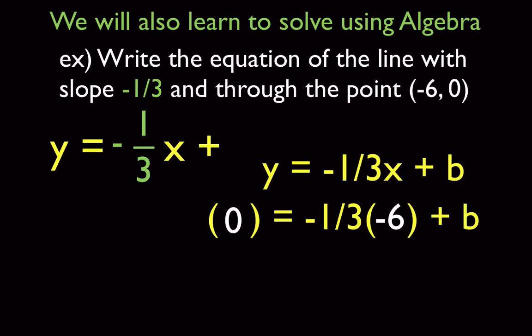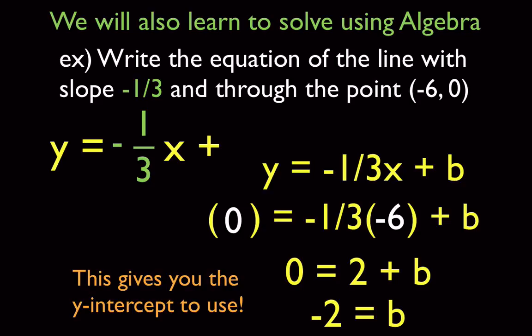Now we're going to simplify, and we're going to take -6 and divide it by -3. That's the trick there. That's going to give us a +2. Now go ahead and solve the one-step equation. You're going to end up with -2 for b, which means my y-intercept is -2.